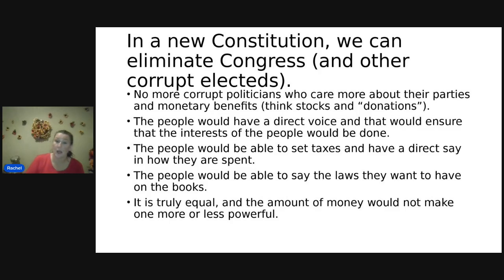honest. And then it's truly equal, and the amount of money would not make one more or less powerful, because we would get the same number of votes as a CEO or a board member of a big corporation, because everybody would get one vote.